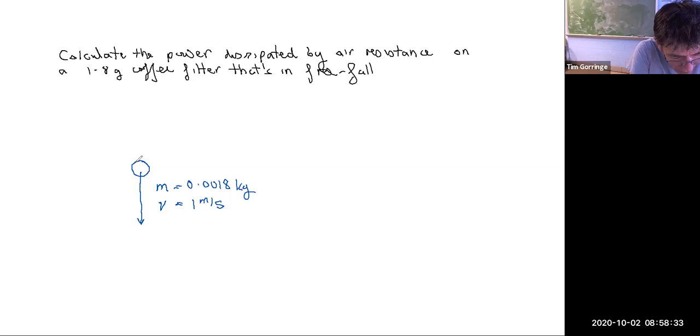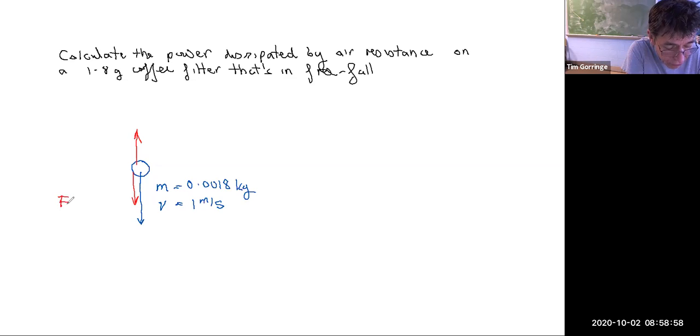Now, we've explained that the situation for this free fall is that there is a gravitational force downwards and a drag force upwards, and they're equal and opposite. So let me just picture those. Here's gravity acting downwards, and here's the drag force acting upwards.